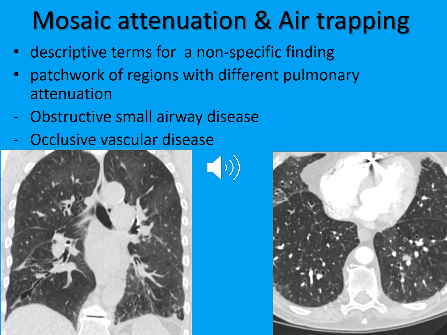Air trapping is a term used for findings on scans in expiratory phase. These typically represent obstructive small airway disease and are frequently seen on scans of patients with bronchiectasis. In patients without airway abnormalities, these can represent occlusive pulmonary vascular disease.